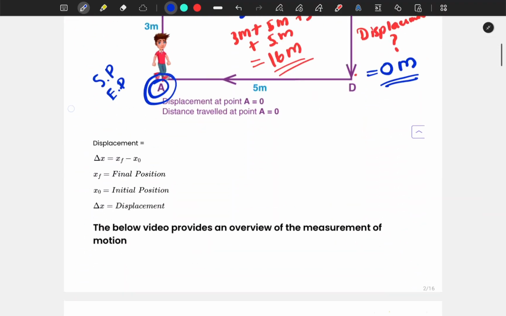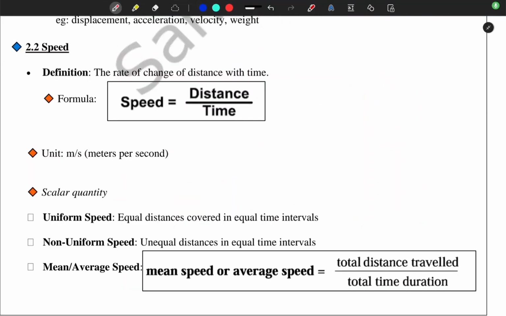I think from these students we can continue our lessons. I think in the previous one we already did some calculations regarding distance and displacement.